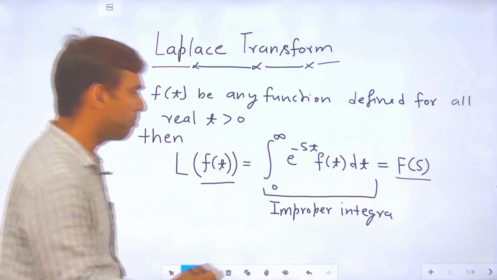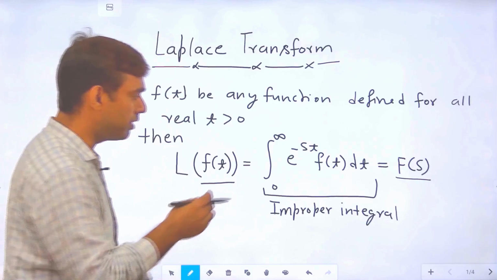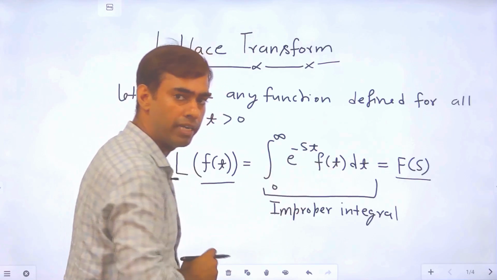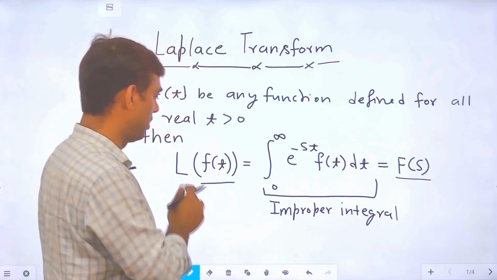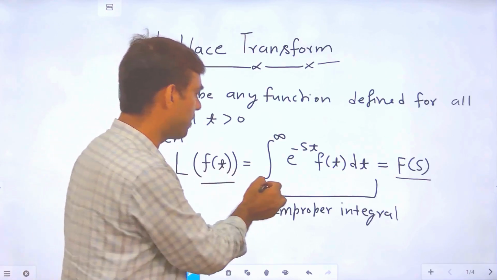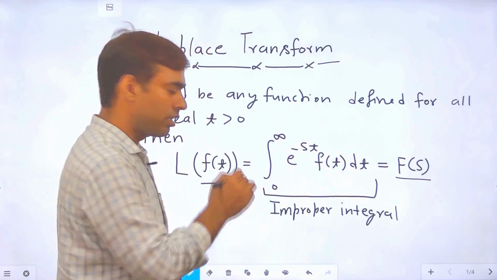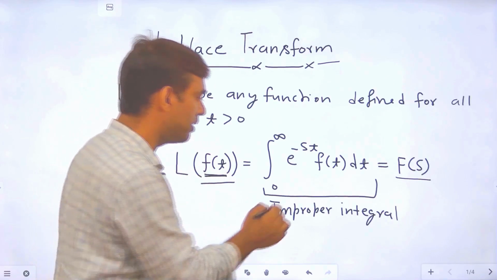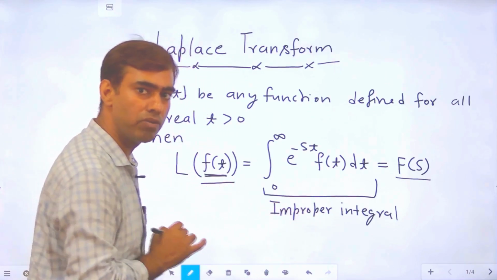The Laplace transform exists if the improper integral converges for any value of s, otherwise the Laplace transform does not exist. So the Laplace transform of any function is nothing else but the improper integral from 0 to infinity of e to the power minus st f(t) dt. This Laplace transform of f(t) will exist only if the improper integral converges for any value of s.